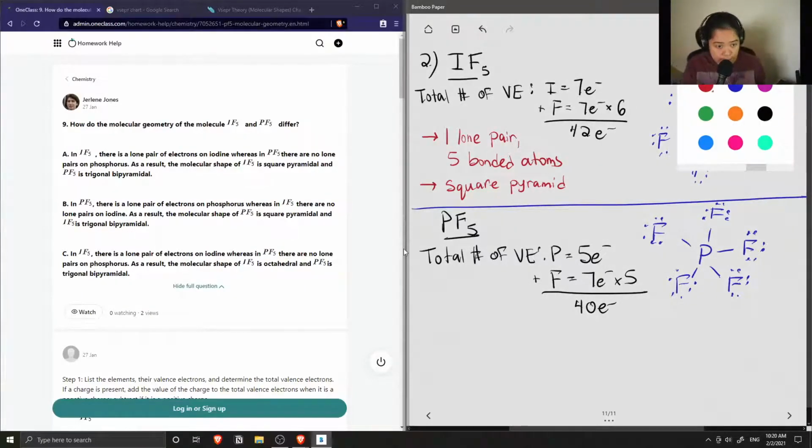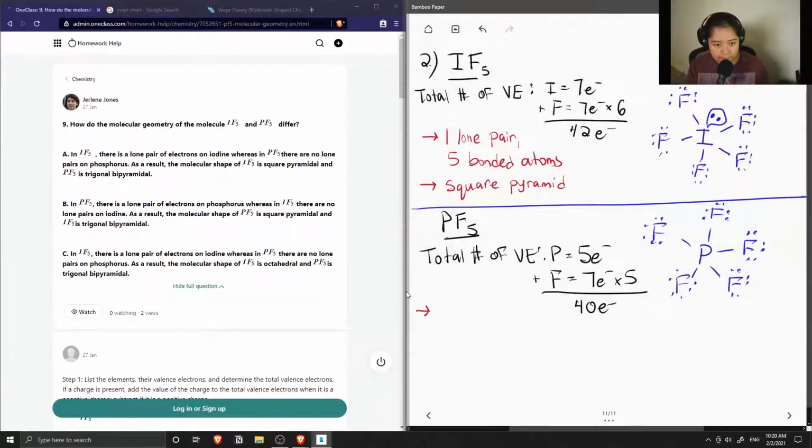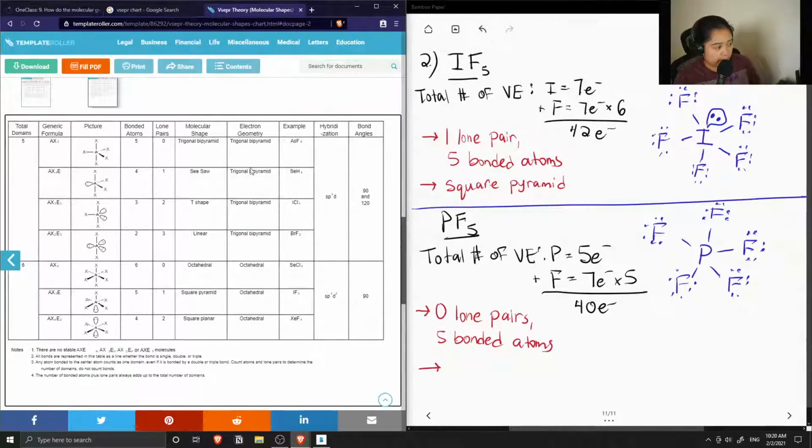So again, we can analyze the central atom to figure out the molecular shape. So the phosphorus has 0 lone pairs, and it still has 5 bonded atoms. So if we refer to a VSEPR theory chart, when there are 0 lone pairs and 5 bonded atoms, we have a trigonal bipyramid molecular shape.